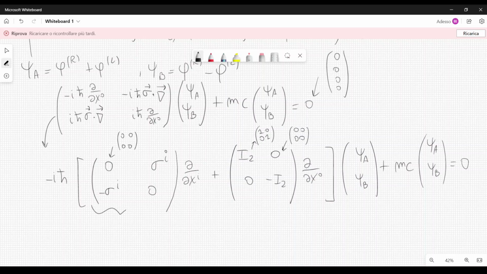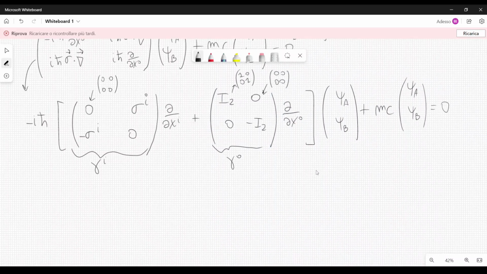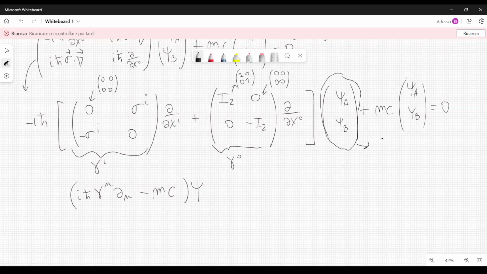And now we define this 4 by 4 matrix gamma_i, whereas this matrix here is going to be defined as gamma_0. So using this notation, we can rewrite i h bar gamma^mu del_mu minus mc acting on psi, where psi is this 4-vector here.